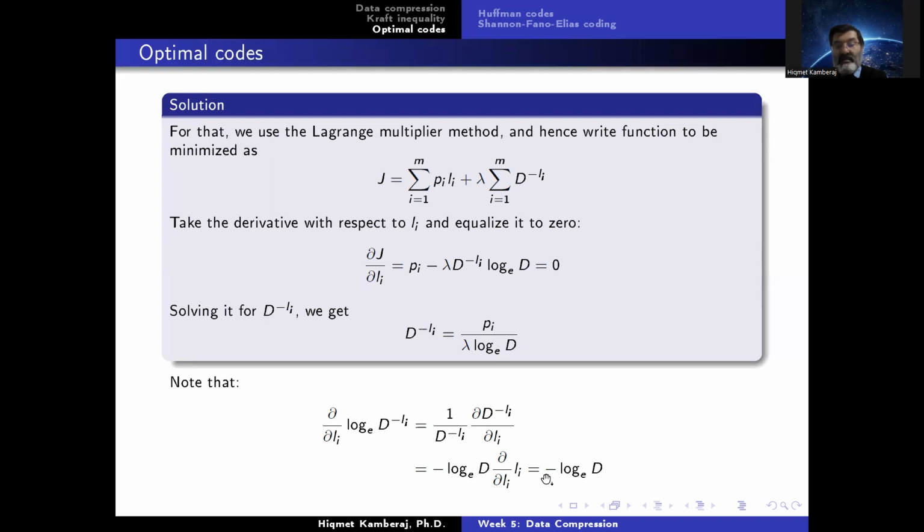And this is equal to minus log with base e of D. And it is this that we have used to derive the equation on here. Now, if we solve this for D to the power minus Li, then we get the following: D to the power minus Li is equal to the probabilities pi over lambda times log with base e of D.